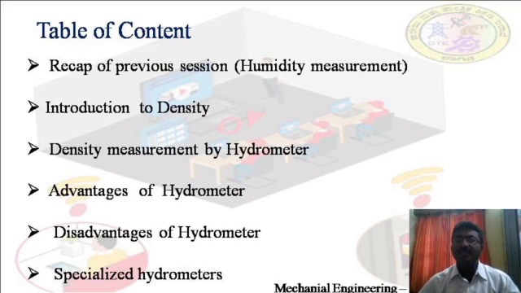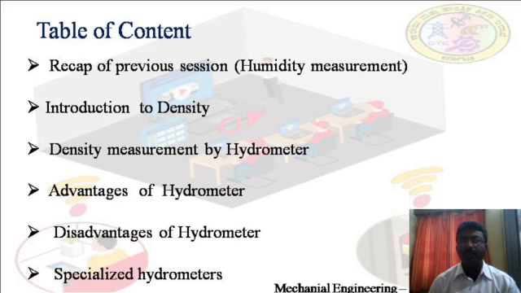The relative density of liquids is measured by an instrument called hydrometer. Hydrometer works on the principle of buoyancy or Archimedes principle.